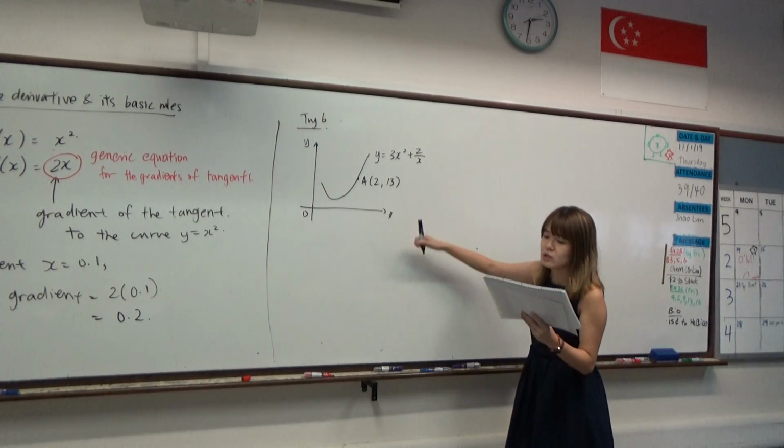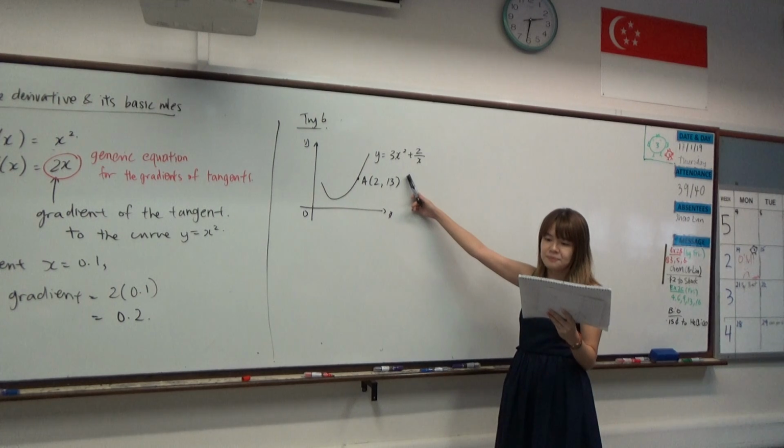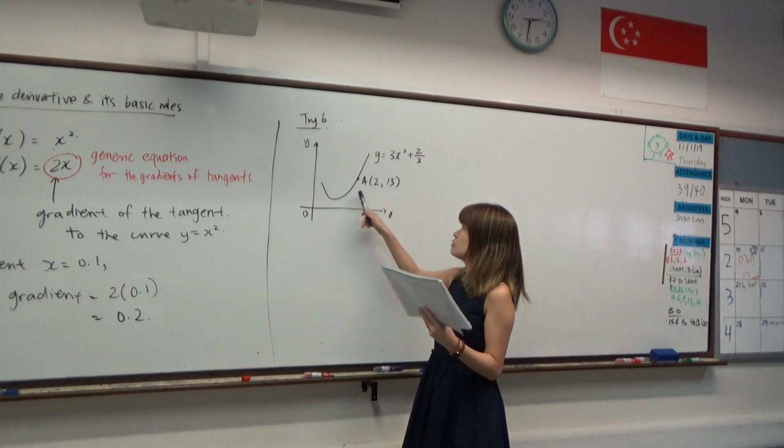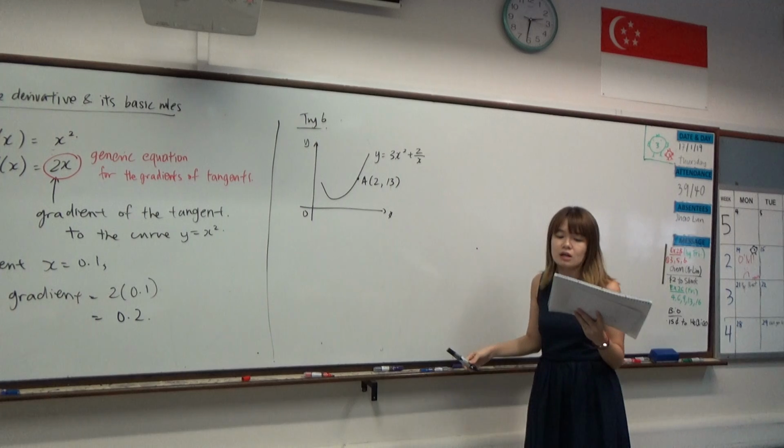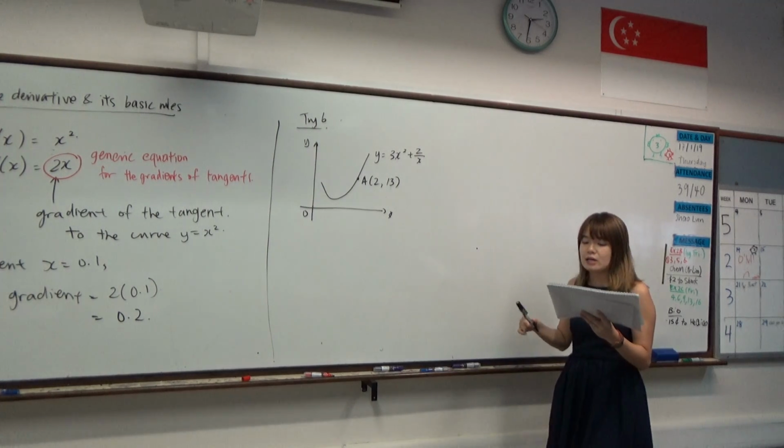So in this particular question, we are given the graph of this function, and there's a point A, (2, 13). We want to find the gradient of the curve at this particular point.